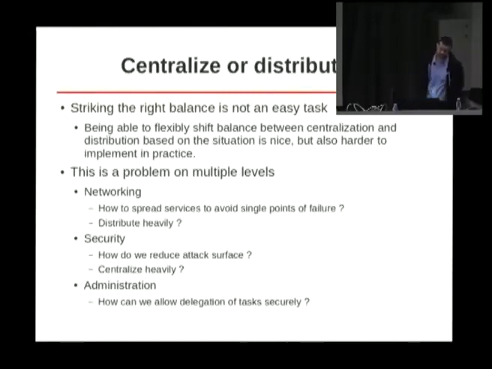And finally, centralization and distribution also affects administration. You generally might want to be able to delegate tasks to multiple people, and that's a way of distributing the tasks. However, to perform some tasks, you might need quite high privileges.